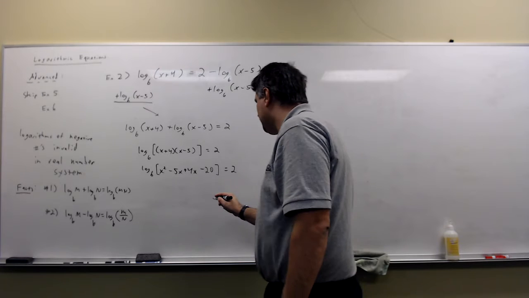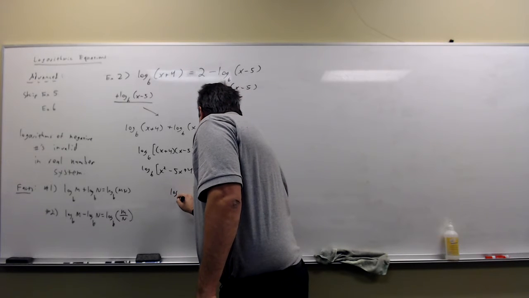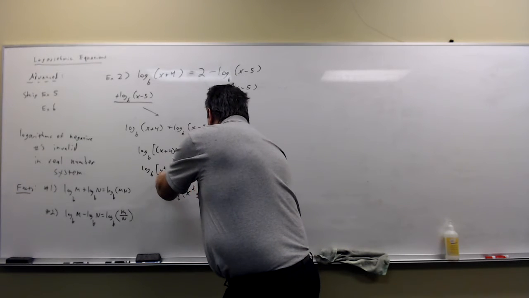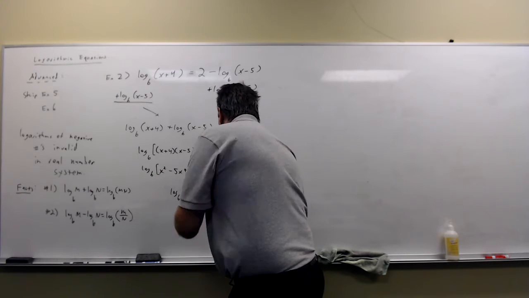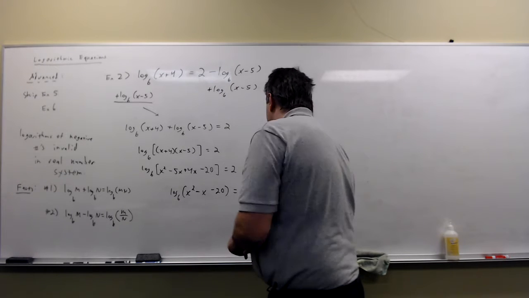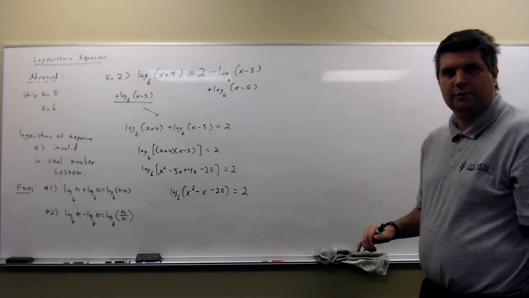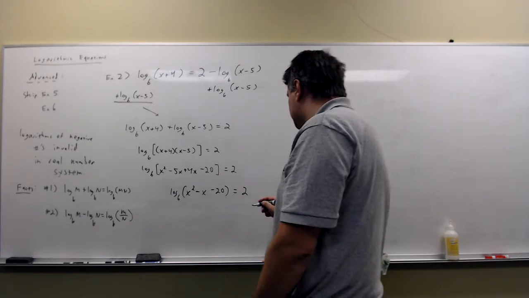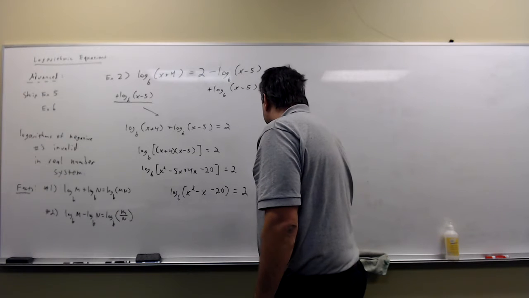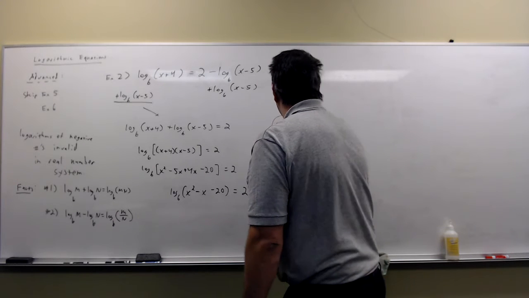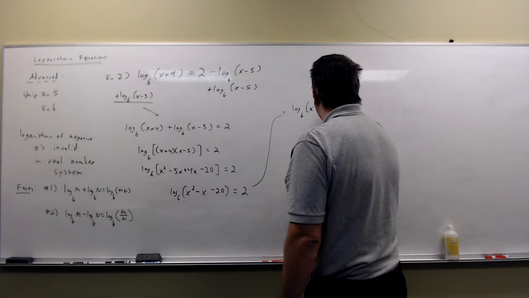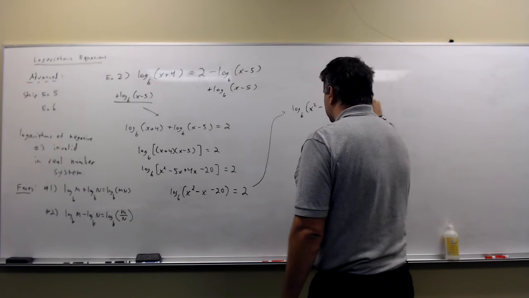So that gives me log base 6 of x squared minus x minus 20 equals 2. Okay, so I'll go ahead and copy it up here. Log base 6 of x squared minus x minus 20 equals 2.